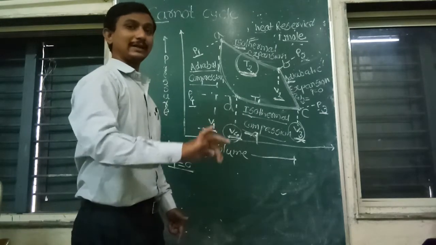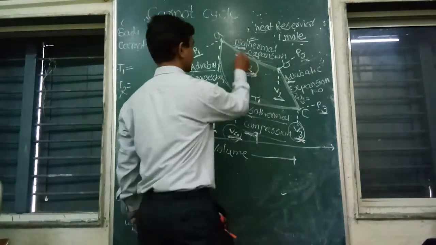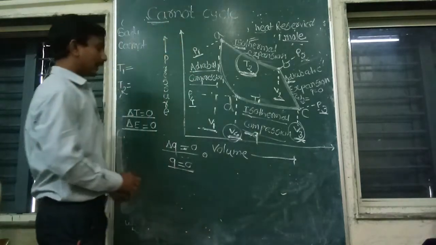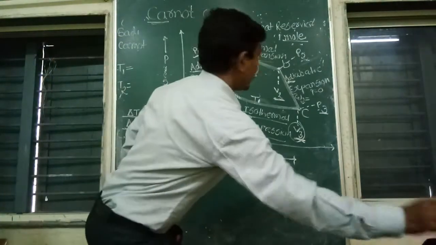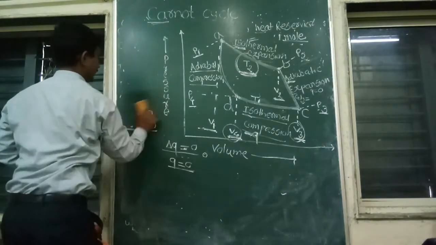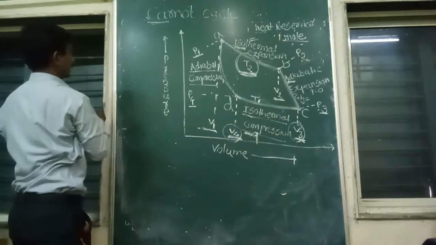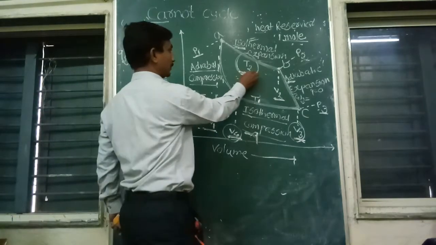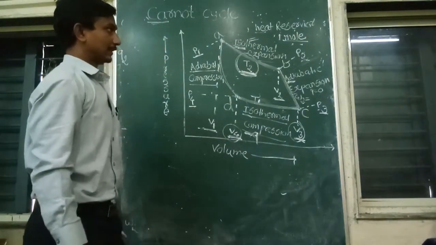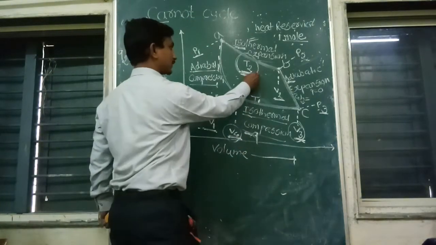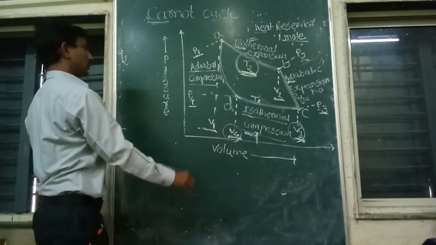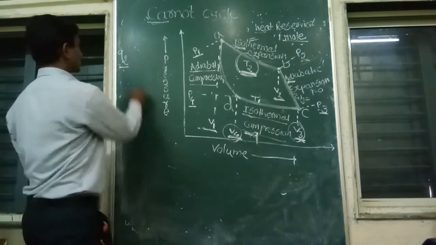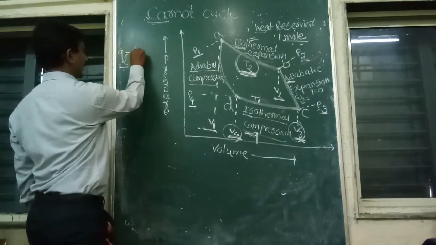So work done in this step will be Q2, because here the amount of heat absorbed at the temperature T2 is denoted by Q. So Q2 is equal to W1.